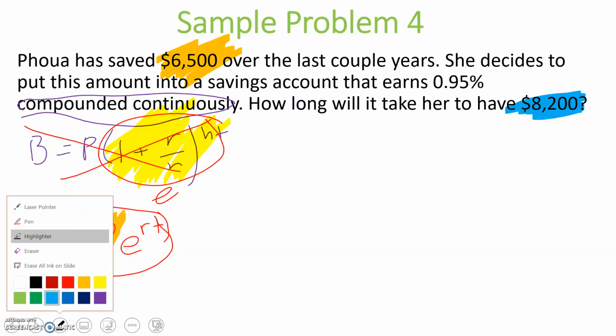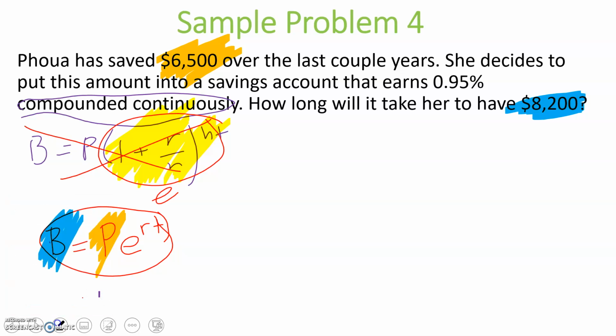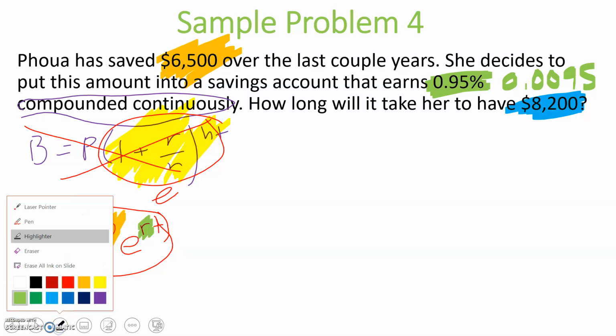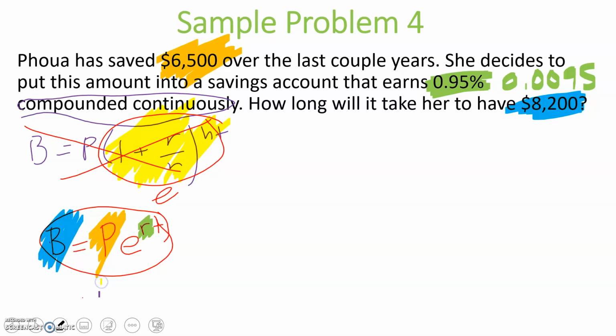We know that the rate at which she's earning this is 0.95%. Now you need to be really careful because remember, we don't put in the percent, we put in the decimal. So this is 0.0095. That's our R. And then we don't know the time. That's what we're trying to figure out, right? So we want to know time, how long.